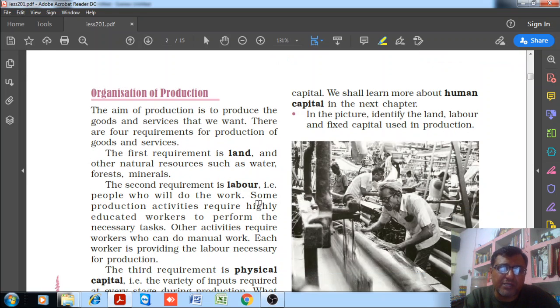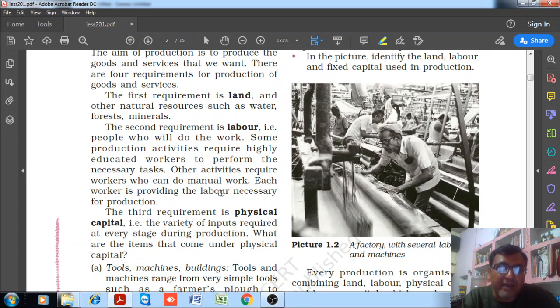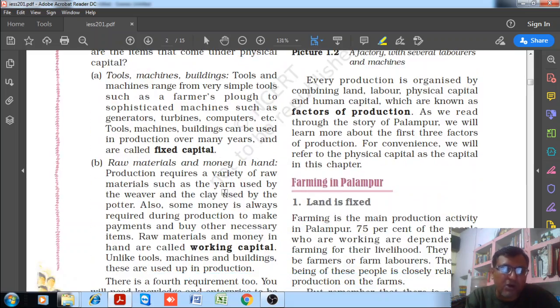So here we are going to study the organization of production. In the second part of this video of chapter 1 of class 9th economics, the story of village Palampur, we will discuss the organization of production, means how production is organized, what things we require for production, and which important factors play an important role behind the production of anything.